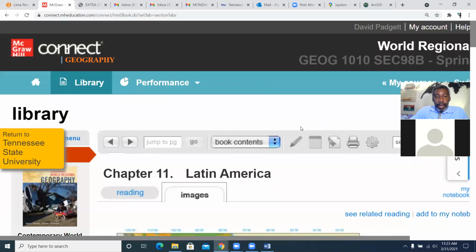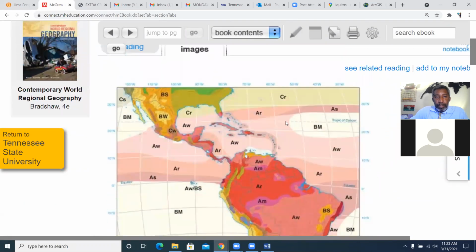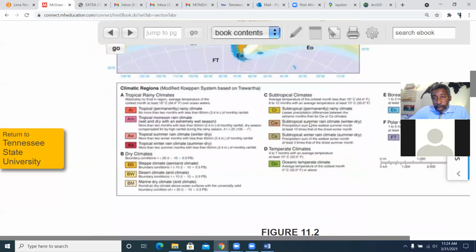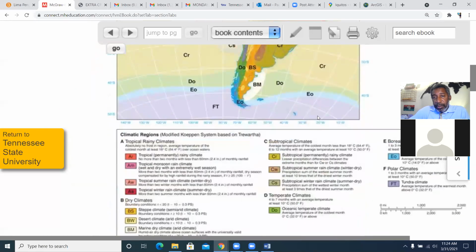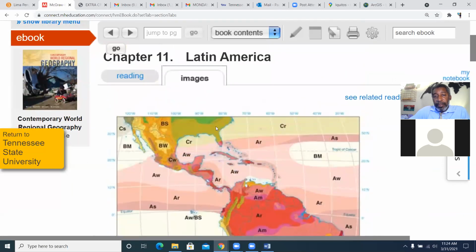If you notice, where we are in Nashville versus Orlando, within that 600-mile distance, those two cities are within the same CR, subtropical permanently rainy climate.